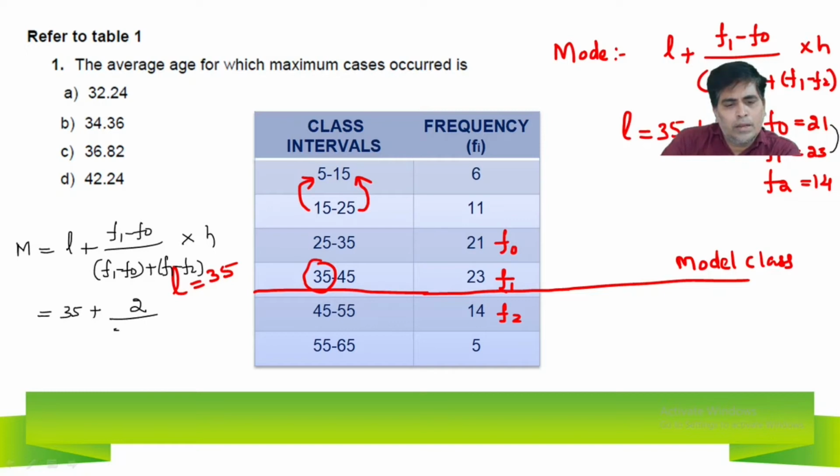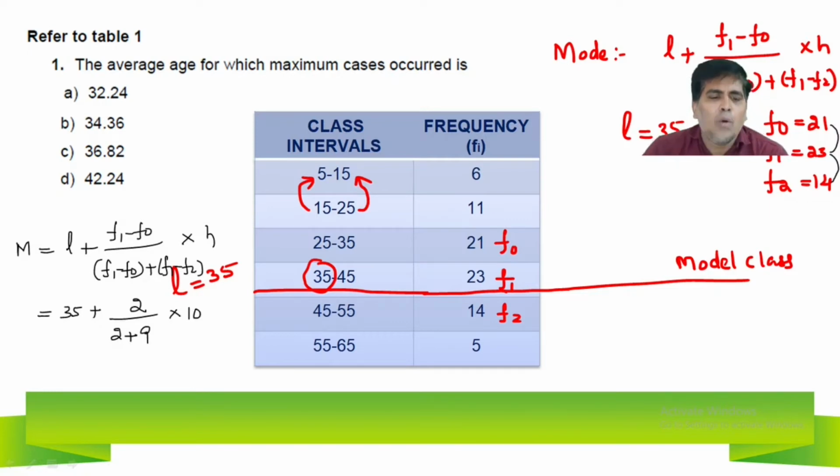So 2 by 2 plus, the same thing, F1 minus F0, plus F1 minus F2. What is the difference between F1 and F2? It is clearly 9. So 23 minus 14 is 9. So I'm writing 9 here, 9 into H. What is H here? 10.